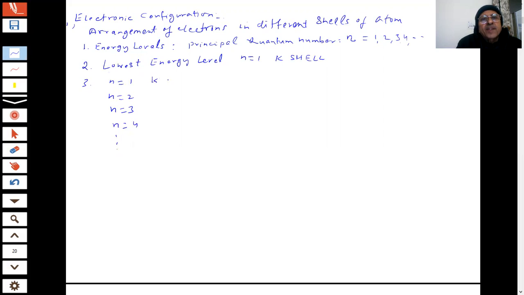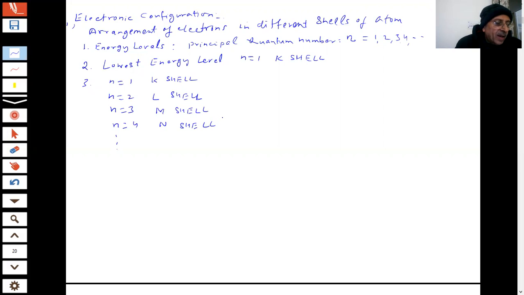This we call the K shell, L shell, M shell, N shell, and so on. You are aware of this, students, the simplest thing which we are saying.